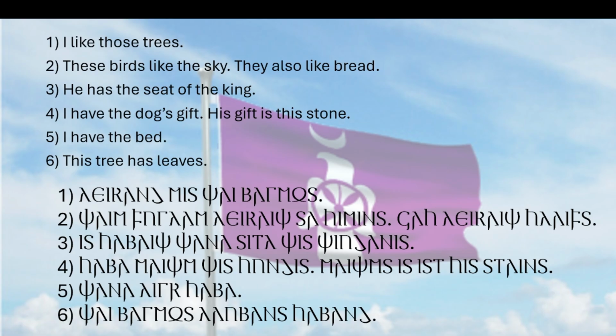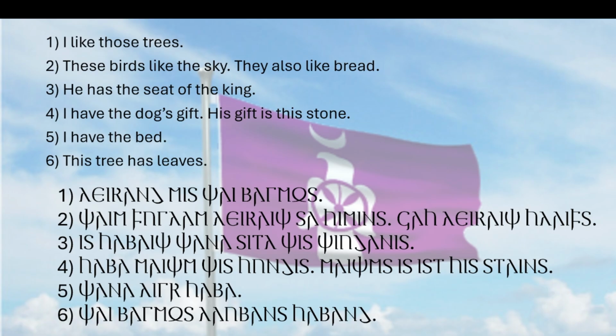Third sentence, is havas sana sitl sis thiudanis. He has the seat of the king. So is is in the nominative, sana sitl in the accusative, sis thiudanis in the genitive.